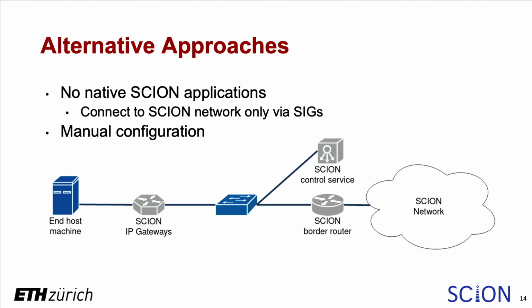But first, let's have a look at alternative approaches, which you all know already, using SCiON IP gateways. So if we don't need native SCiON, then we can connect to the SCiON network using the SCiON IP gateways only.